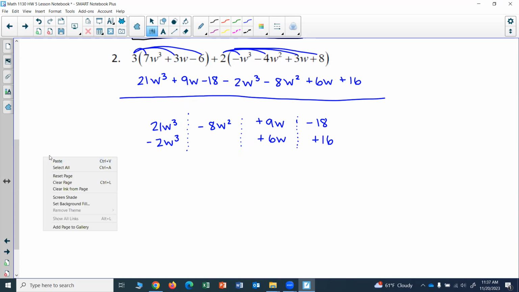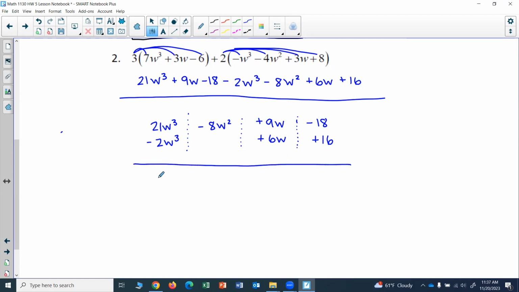So now I'm going to go ahead and combine. So 21 minus 2 gives me 19. So I'll have 19w cubed minus 8w squared. 9 and 6 gives me plus 15w. And negative 18 plus 16 gives me a minus 2.